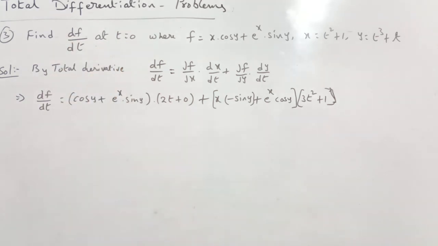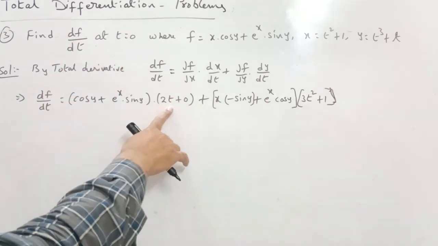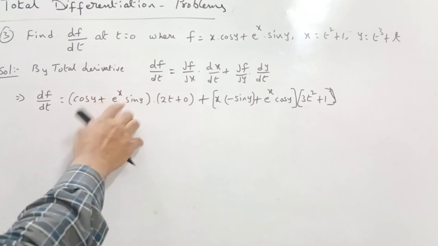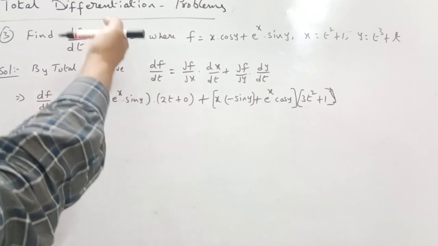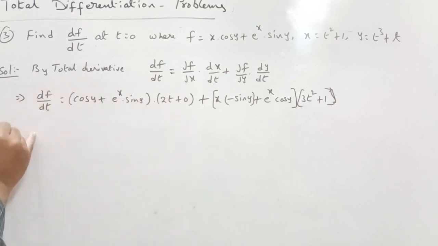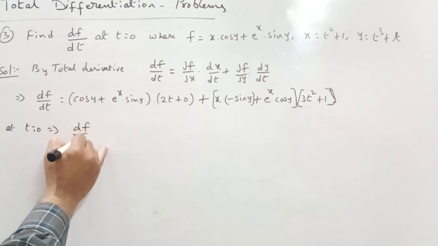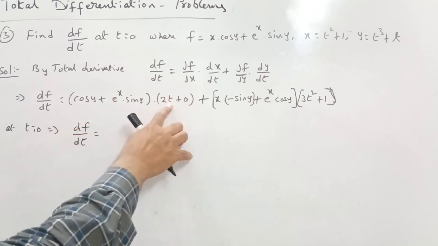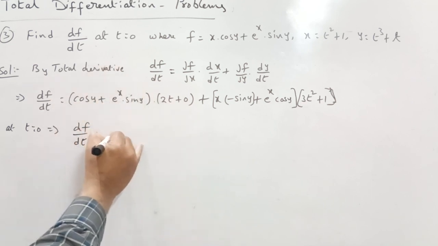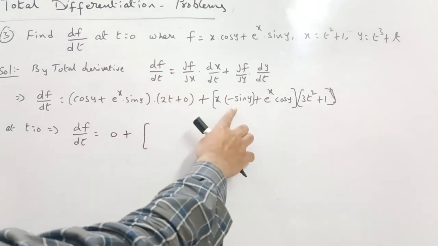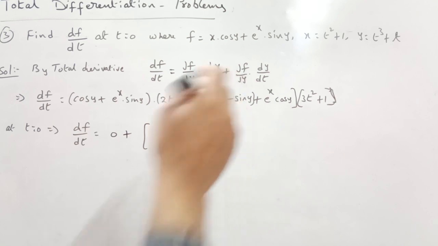If I substitute t is equal to 0, directly, what do I get here? At t is equal to 0, df by dt is equal to 0 into anything is 0, plus, do one thing.